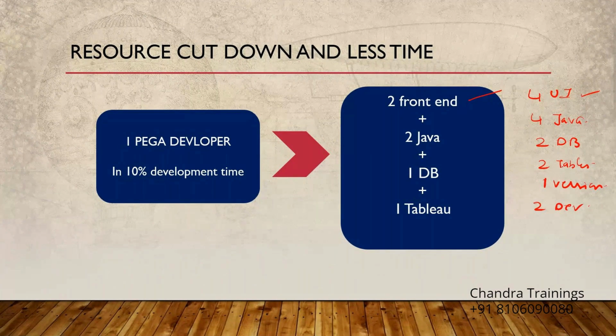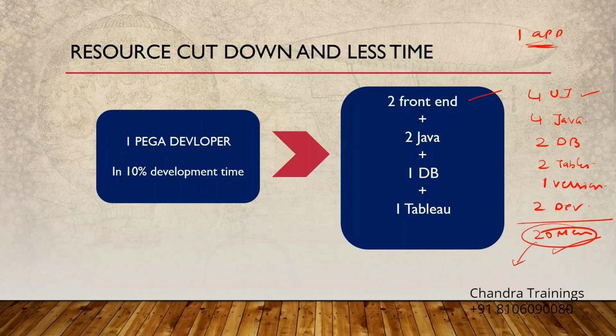Whatever it is, as a whole, it may take a 20-member team. Just an example. To design one application, there will be a 20-member team, and this 20-member team has to work on the whole design. Maybe it may take 2 years. So just to design one complete application, it may take 2 years for 20 members.